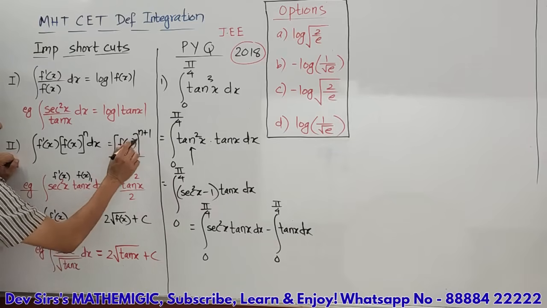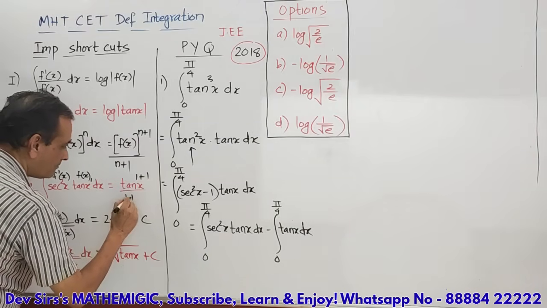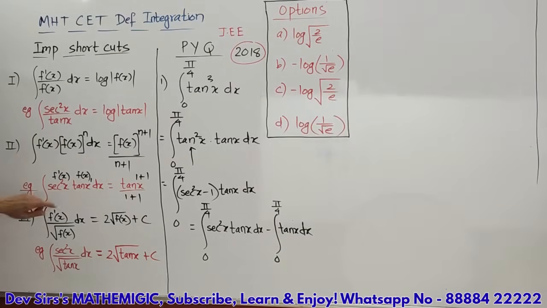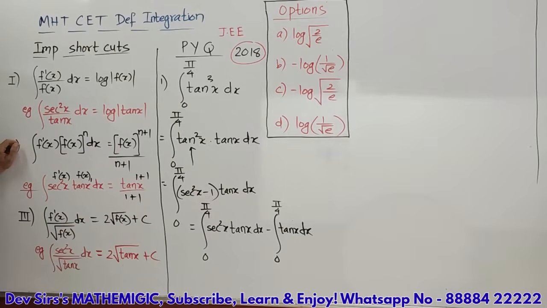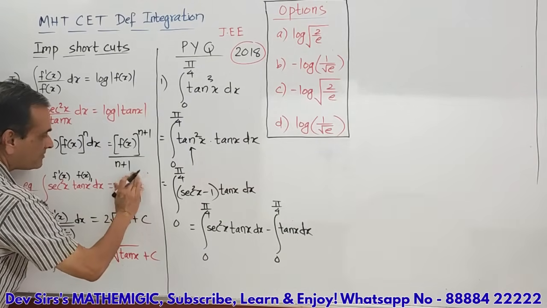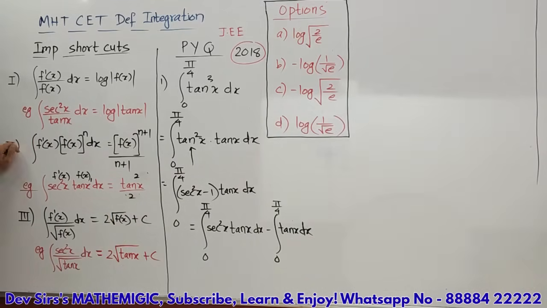So tan x raised to n plus 1 means 1 plus 1 upon 1 plus 1. Followed? अगर यहाँ पे tan squared x रहता तो tan x raised to 2 plus 1 upon 2 plus 1. Nothing is present here, so n is equal to 1. So fx raised to n plus 1 upon n plus 1 means tan x raised to 1 plus 1 upon 1 plus 1. Means what? 1 plus 1 is tan squared x upon 2. Followed?